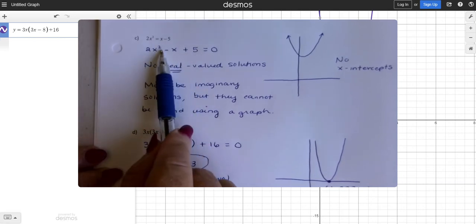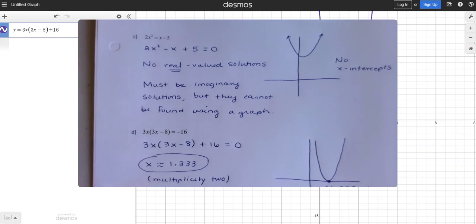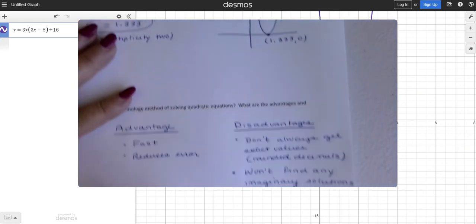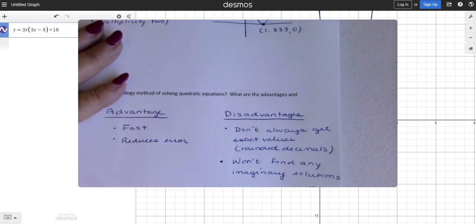This could be an x cubed or an x to the 4th, or it could have a square root in it or something like that. Any equation can be solved graphically using this method, which is actually a huge advantage. Instead of learning 15 different ways, one method solving any equation. But the disadvantages, the limitations, will be the same for all of them. They won't always give us exact values, and we won't ever find imaginary solutions.